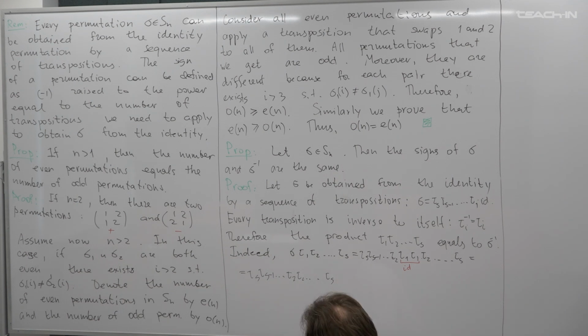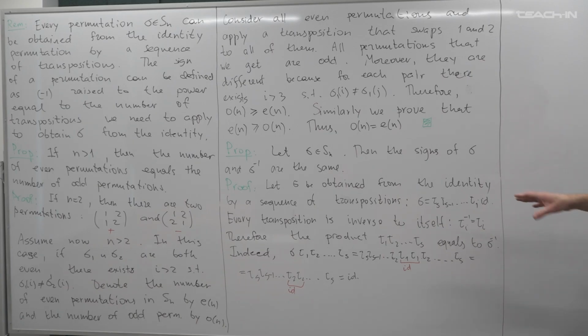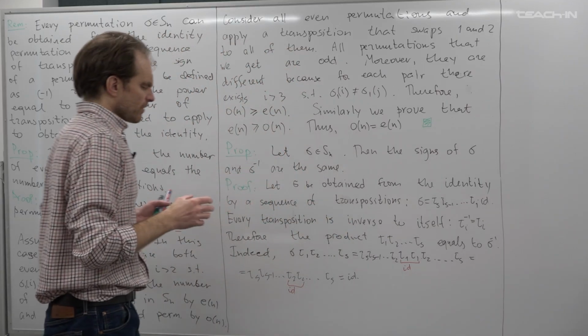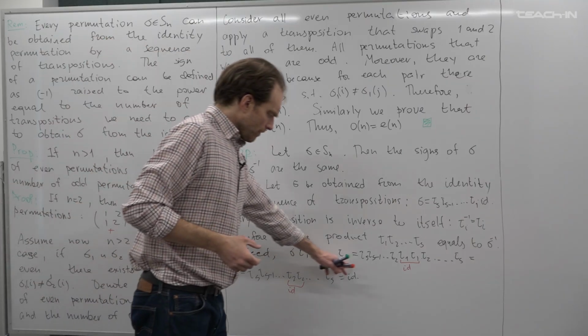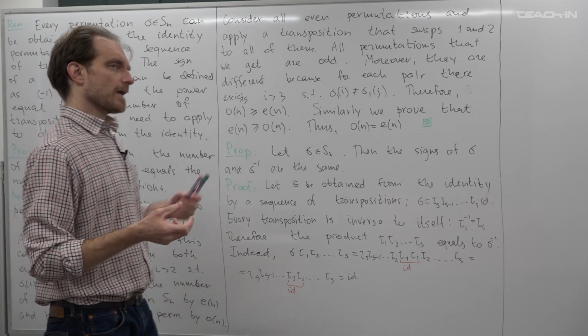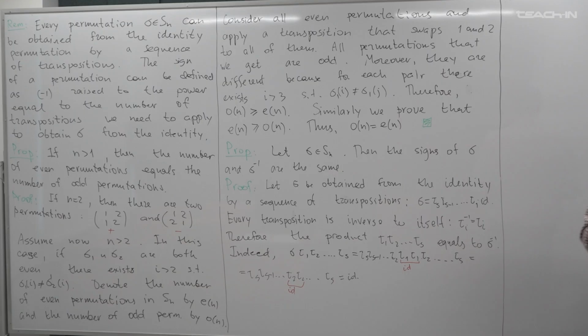So the product of these two transformations is also the identity, and by continuing in this way we get the identity. So this proves that this product is the identity, and this proves that the product of the transpositions is equal to the inverse, and here I'm using the fact that the inverse is uniquely defined.